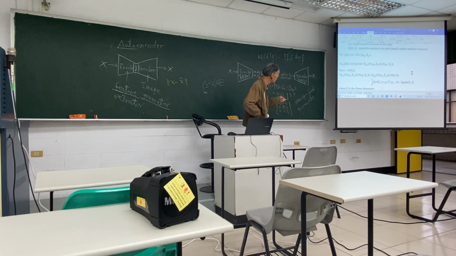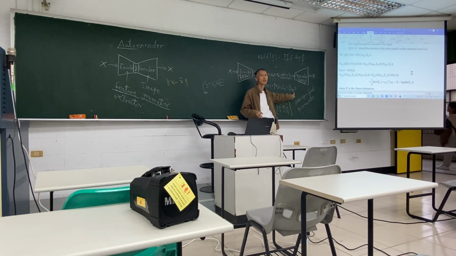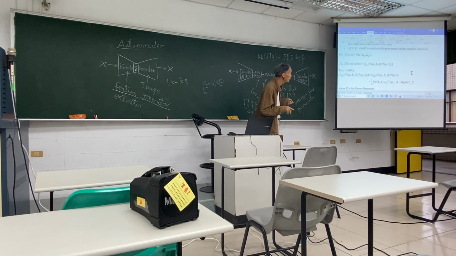The trace, okay? And mu is, for the input x, K, remember, K is the dimension of your latent variable here. Then we calculate the determinant of the covariance matrix, and we take the log.